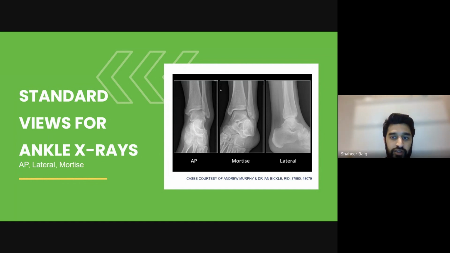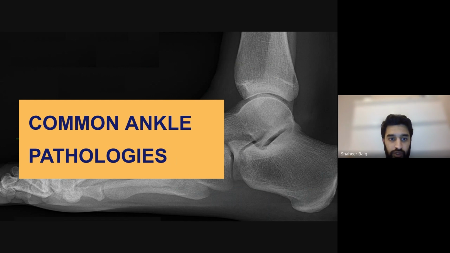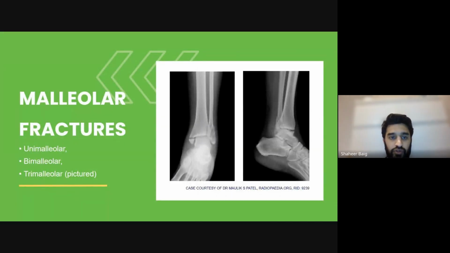As previously, we do take anterior-posterior, AP, and lateral views, but we also want to see the ankle mortise, which is the tibia and talus, the tibiotalar joint, lined up, and we want the X-ray beam to go parallel to the dome of the talus to see that view, and this gives us an idea of whether there's any lateral talar shift in what we call malleolar fractures, as we'll cover here.